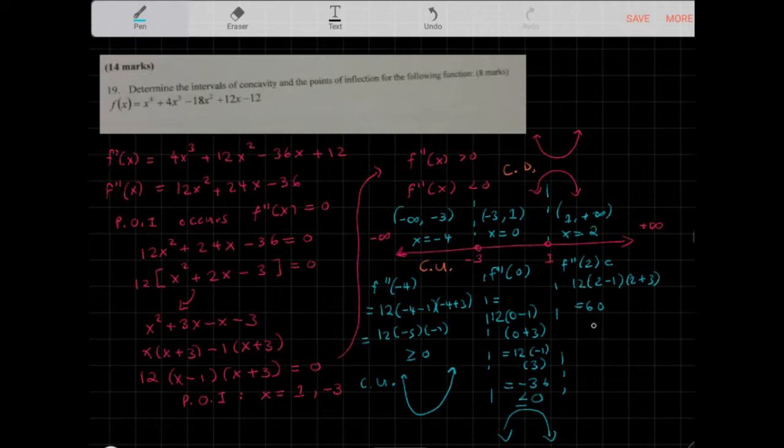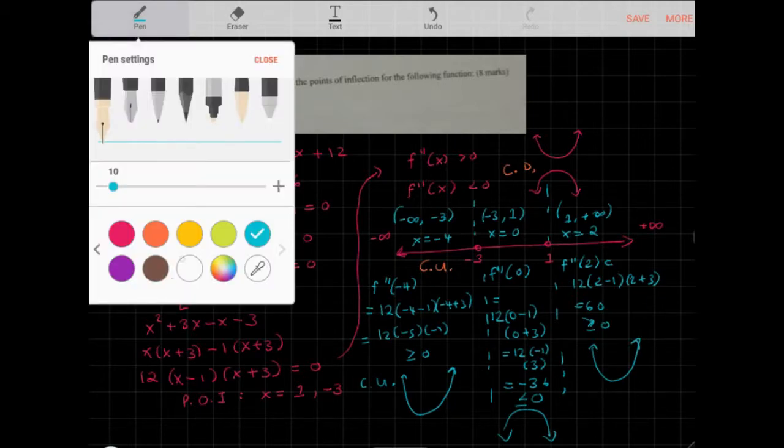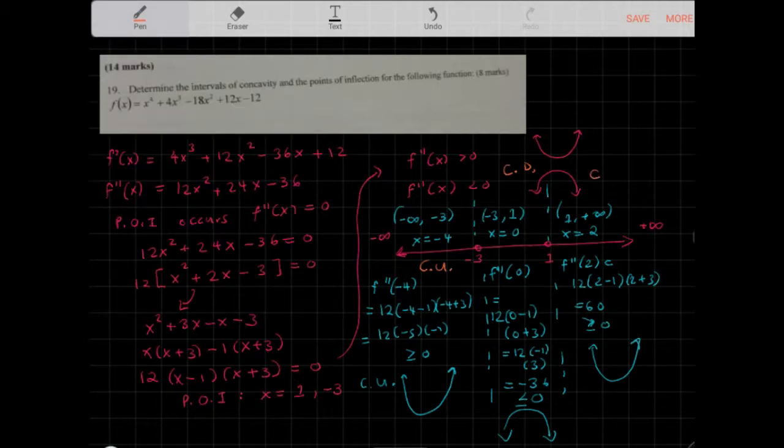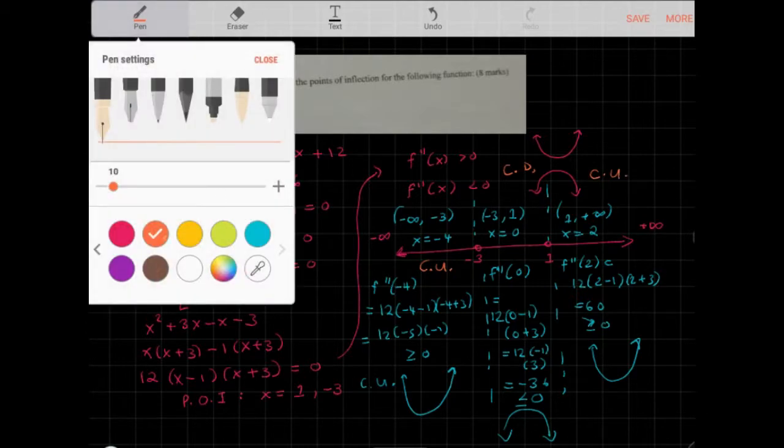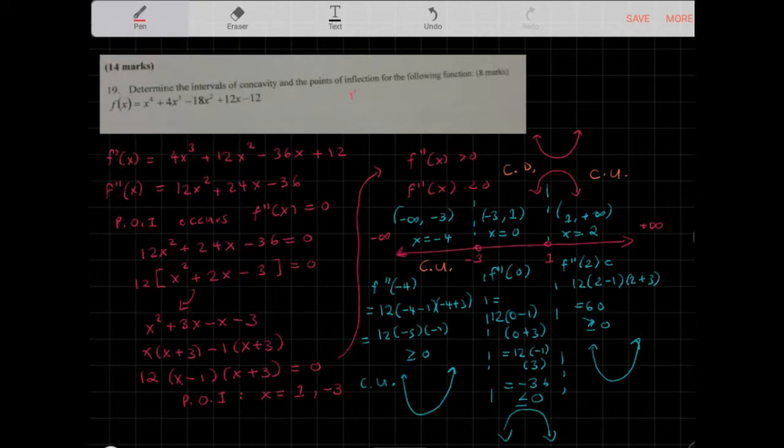Okay, so it's positive, greater than 0, and as a result, this should be concave up. So it's concave up in this interval. So that tells us for our answer here that our points of inflection will occur when x is equal to 1 and negative 3.